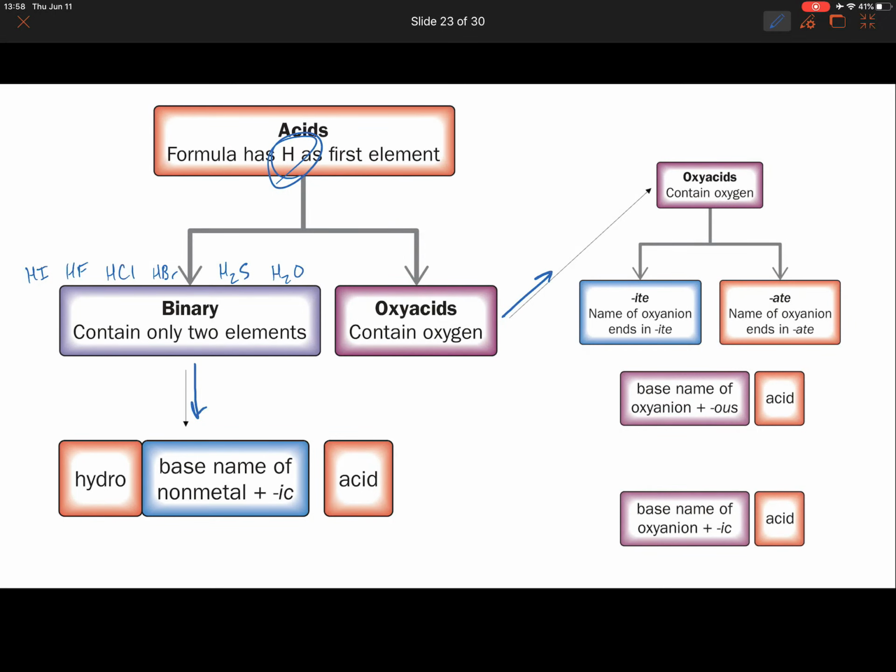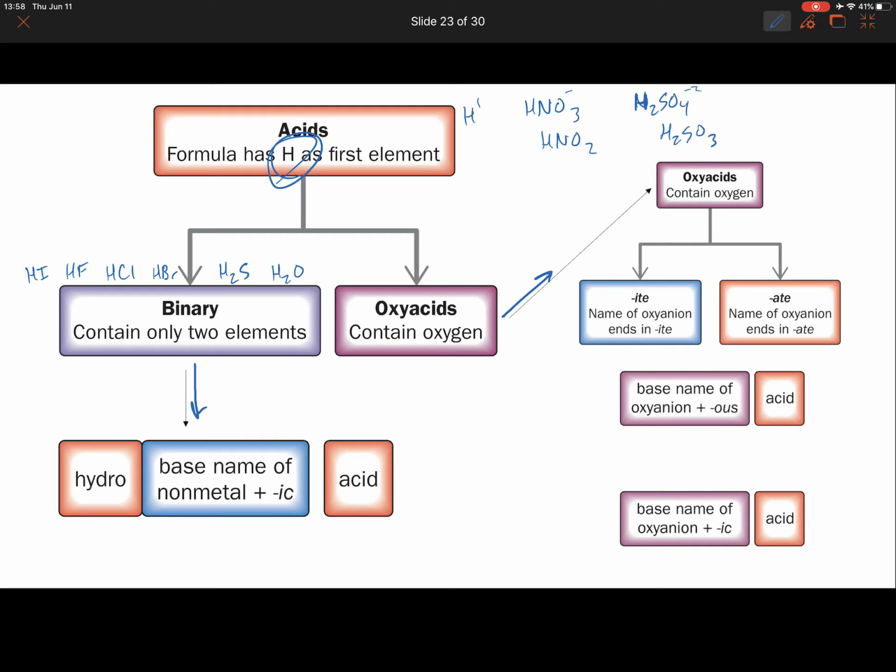Let's list some oxyacids. We've got HNO3 and HNO2. We've got H2SO4 and H2SO3. Why do we have 2 H's on those? Well, remember, the nitrate ion was a -1 and the sulfate was a -2.